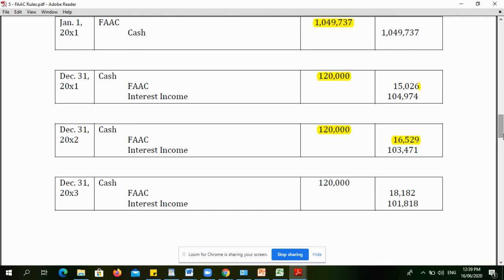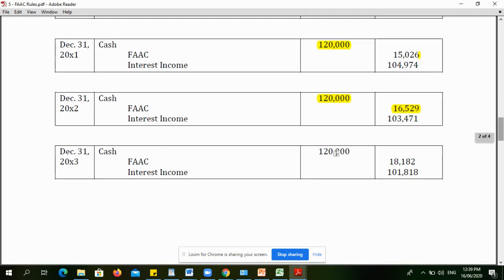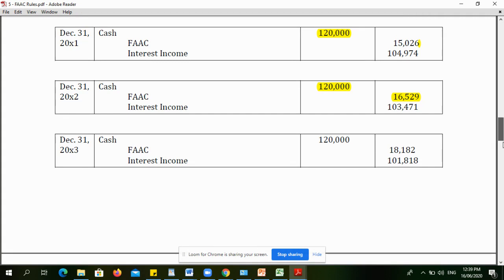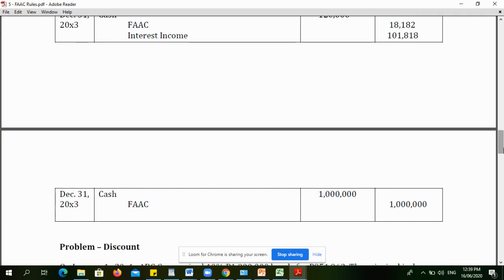And on the last year, the same. We receive cash, we recognize income, tapos ang difference, it will be a deduction to the FAAC carrying amount.